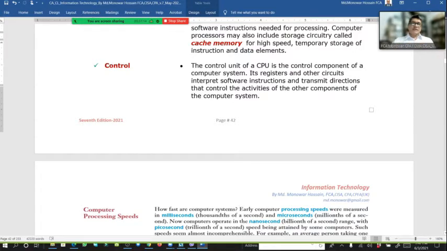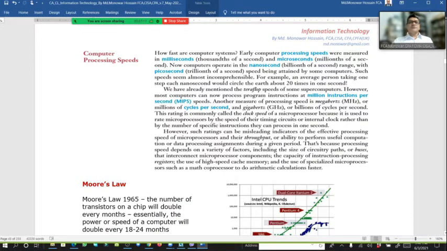And if we see computer processing speed, nowadays day by day the speed is going higher. So here we can say how fast the computer system is. Early computer processing speeds were measured in milliseconds. Millisecond means thousandths of a second, and microsecond, millionths of a second.